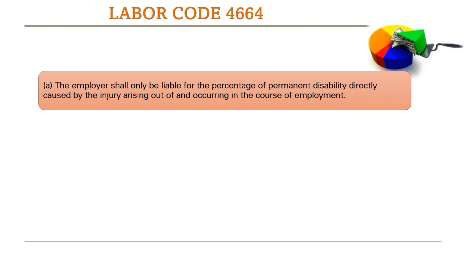That seems to make sense to me, and this seems to be the fair apportionment of any resulting disability, it seems to me. Well, I can tell you at the time, employers throughout the state rejoiced at the passage of this particular language within Labor Code Section 4664.